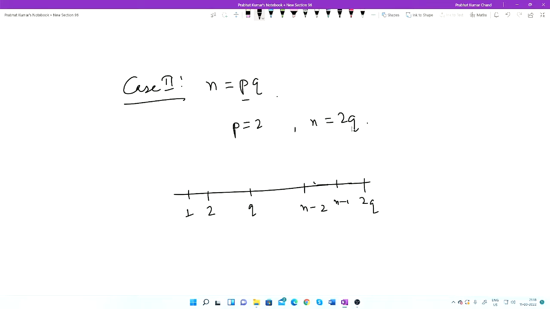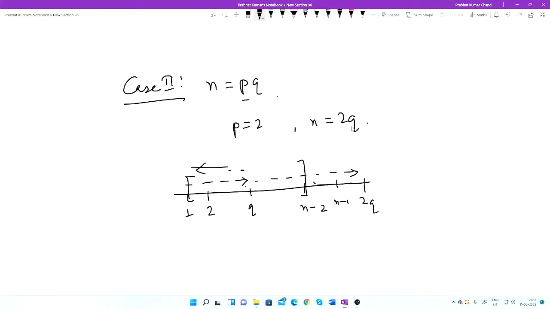So here we have got one q, and here we have got 2q. So you can see easily that in this time frame, since q is first appearing here, all these numbers are less than q, and since q is a prime, q will not appear anywhere below this, like on the left side of this number.